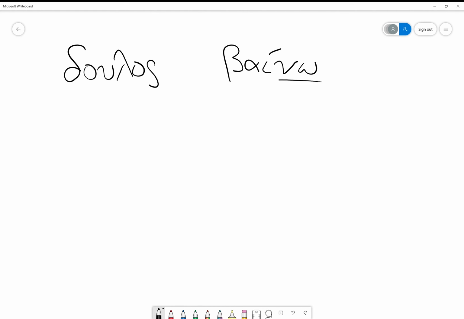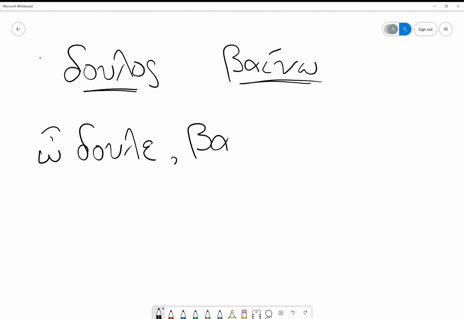We need an imperative, and then we need a vocative. So we would say, oh, and this isn't translated into English, but we add this vocative indicator, I guess you could call it, this little particle, and then you'd say, oh, doule, and then we'd add a comma. Bine, okay?